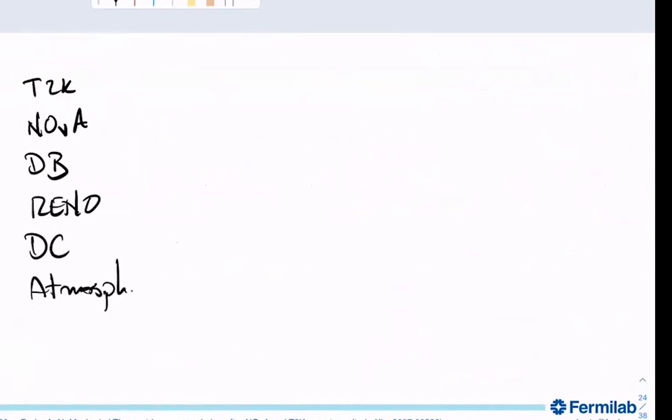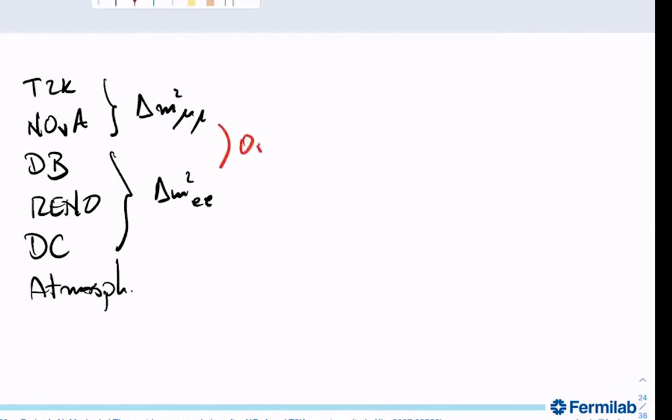The reason I write all these is that some of them measure what we can define as delta m square mu mu with the disappearance channel. These others measure delta m square ee, and the difference between them is related to the ordering. So that's another way of measuring the mass ordering.